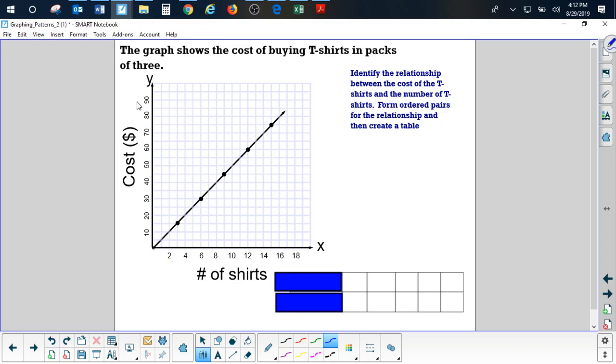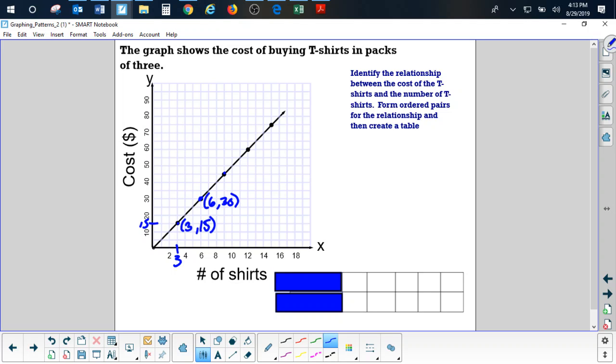So for my points, I have the very first point, which is at the bottom. We always want to start at the bottom. And this point looks like it's at 3, 15. So we have the point 3, 15 for our first coordinate pair. My second coordinate pair is at the point 6, 30.